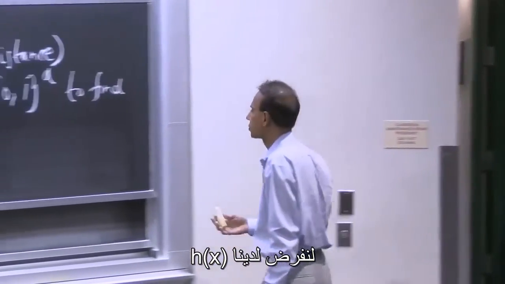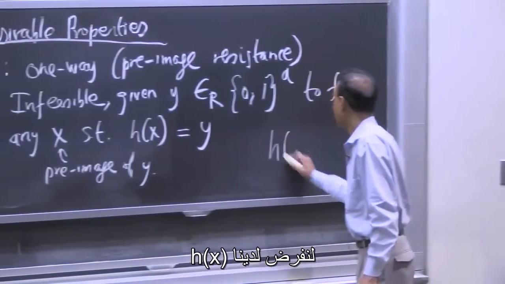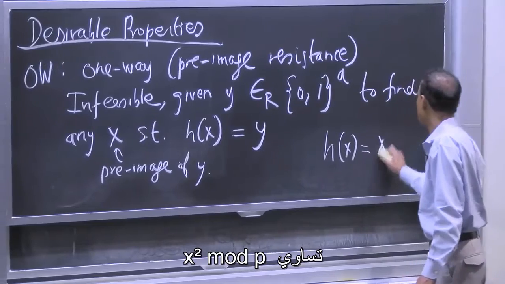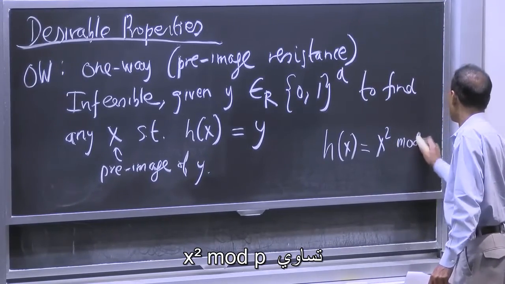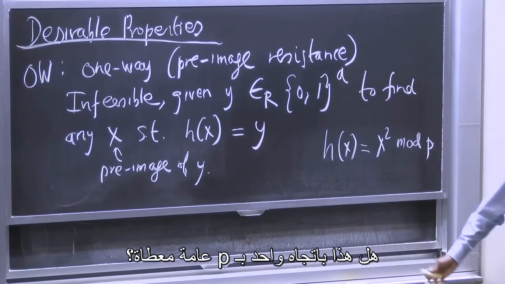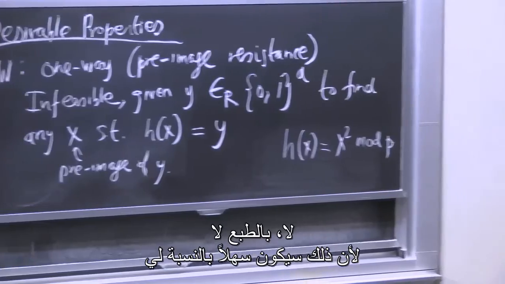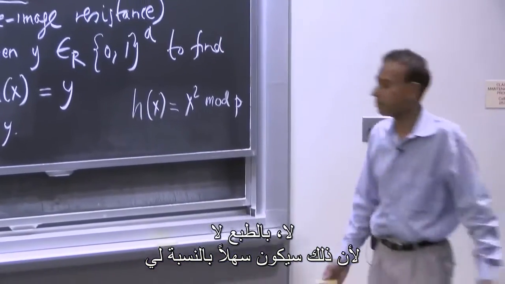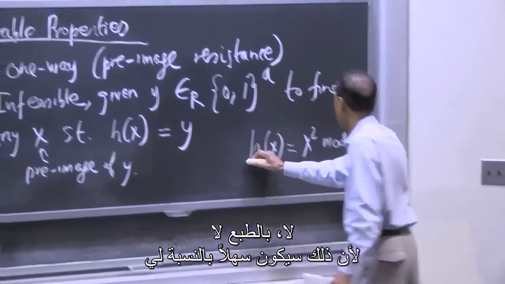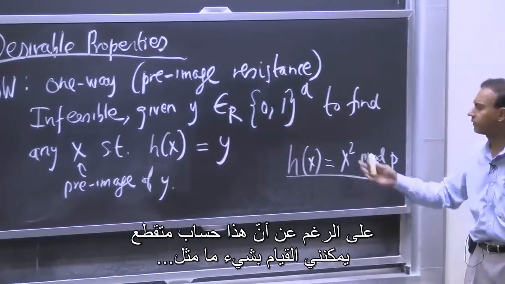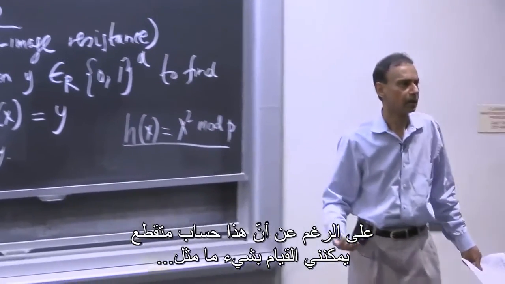So suppose I had h of x equals x squared mod p. Is this one-way given a public p? No, of course not, right? Because it's going to be easy for me to do something, even though this is discrete arithmetic.